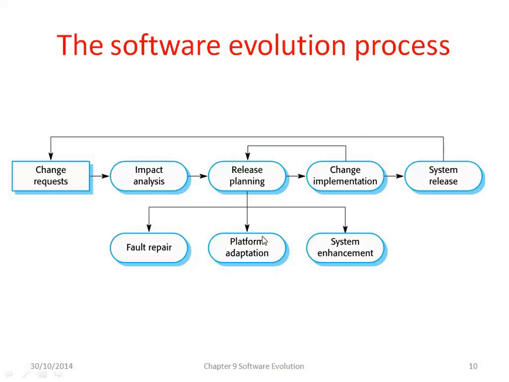You have to analyze which type of change is required, do change implementation and release planning once again, and finally release the software product; that is a software release. After releasing that product, it once again requires change, since software change is inevitable, as I already told you. Once again there is a change request, impact analysis and release process. All these processes occur repeatedly. This is called the software evolution process.